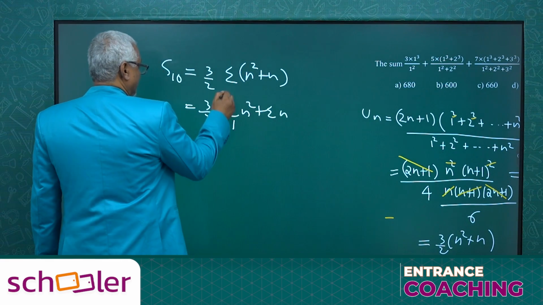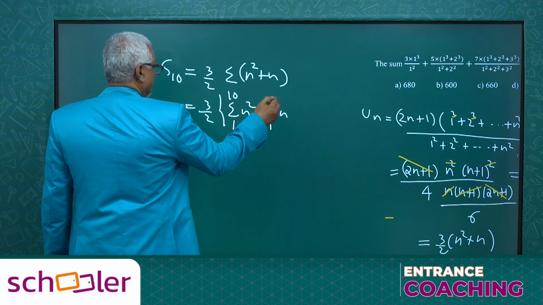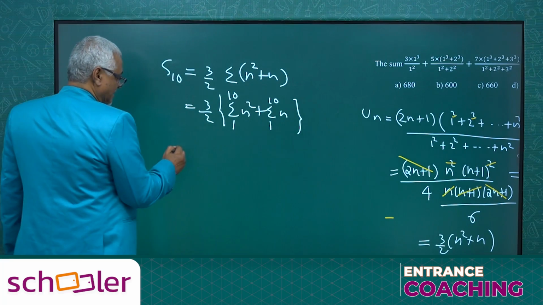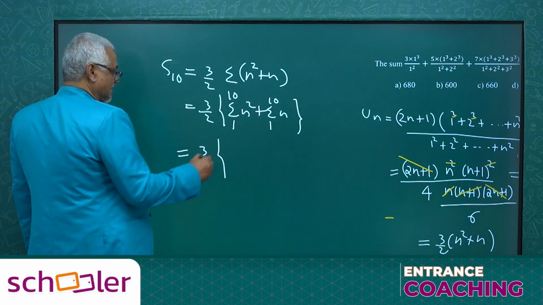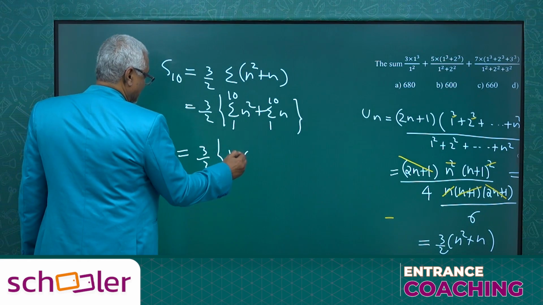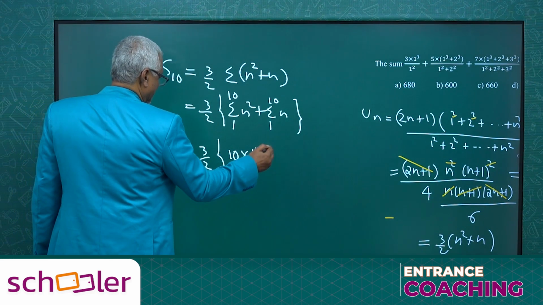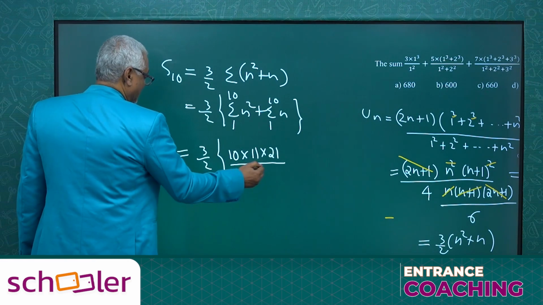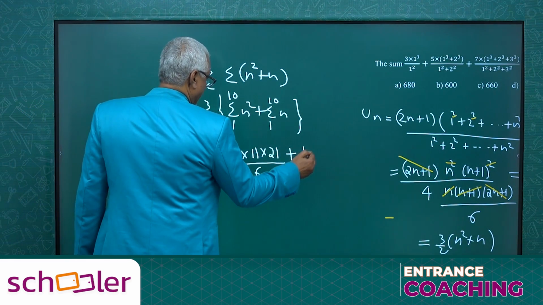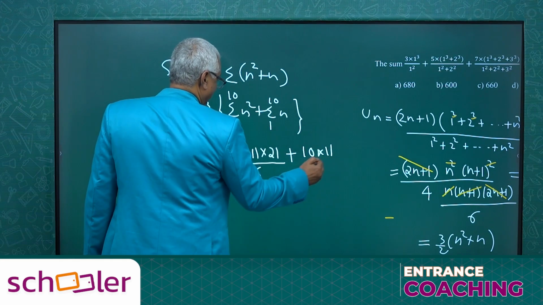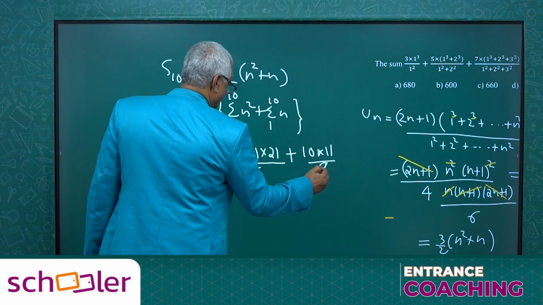The summation is from 1 to 10 only. This is equal to 3 by 2 times n into n plus 1 into 2n plus 1 by 6, where n is 10, and here it is n into n plus 1 by 2 only.